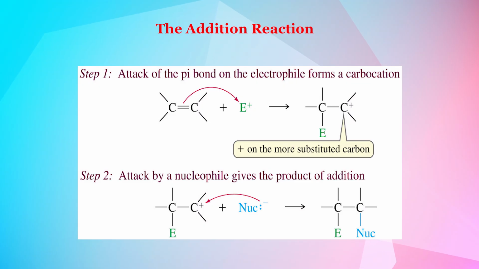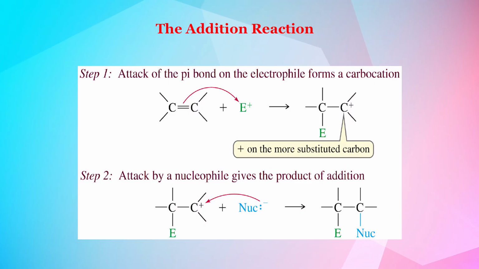Now let us consider that the alkene is unsymmetrical, and the reagent, HX, is also unsymmetrical. Suppose we take the alkene to be propene. Why is propene unsymmetrical? Because one of the carbons of the double bond is attached to 2 hydrogens, and the other carbon is attached to 1 hydrogen and 1 methyl group.